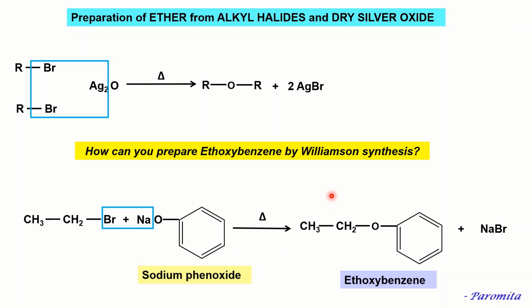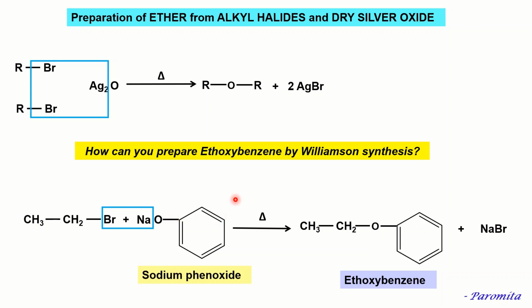Now, we will prepare ethoxybenzene by the action of ethyl bromide on sodium phenoxide. So ethyl bromide plus sodium phenoxide, if we heat this mixture, we will get ethoxybenzene plus sodium bromide.